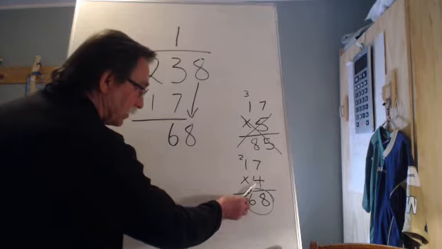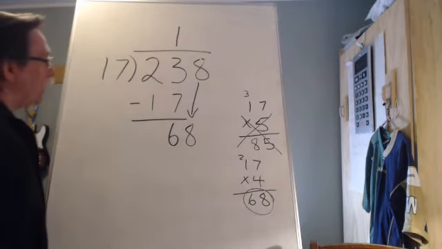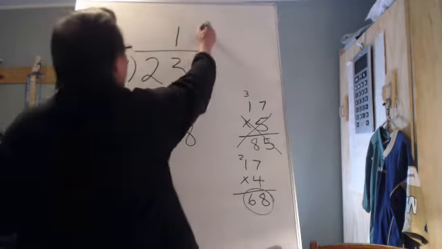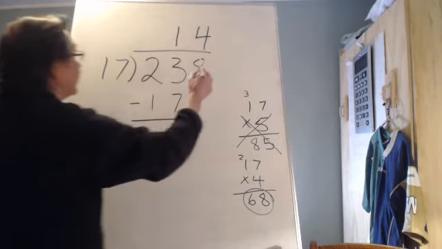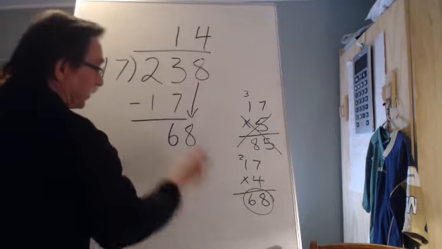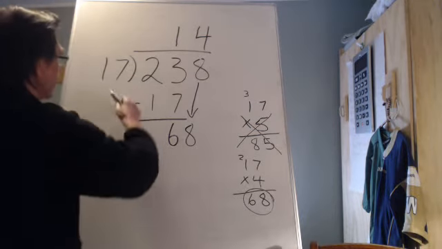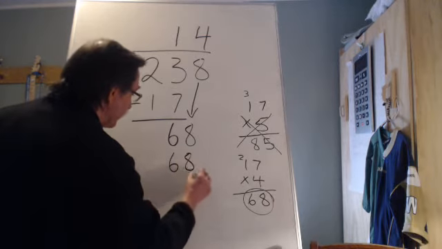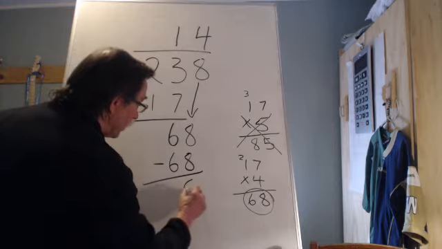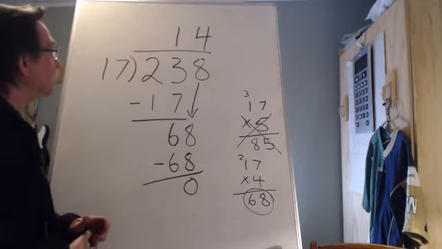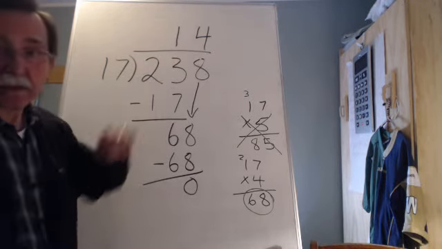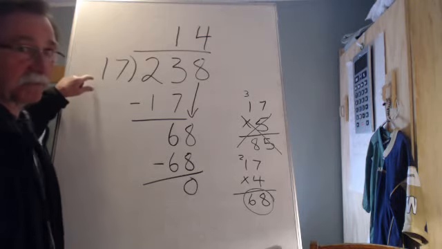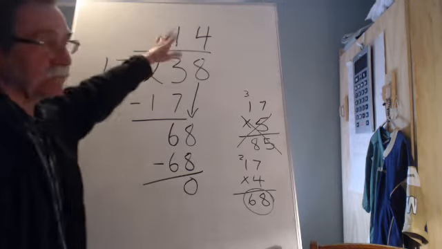Okay, so that means we figured out it's got to be a 4. So it's 4 up there. We already figured out that 4 times 17 was 68. And there we have it. So 238 divided by 17 is equal to 14.